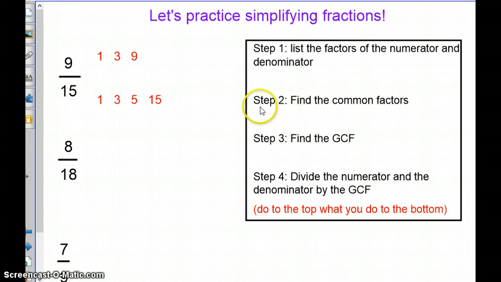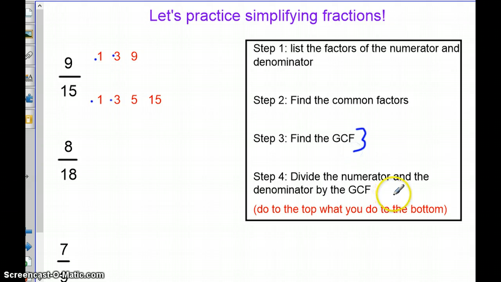The next step says find the common factors. I see that 1 is a common factor and 3 is a common factor. These are not common factors. That tells us the largest number they both have in common, the GCF, is 3.